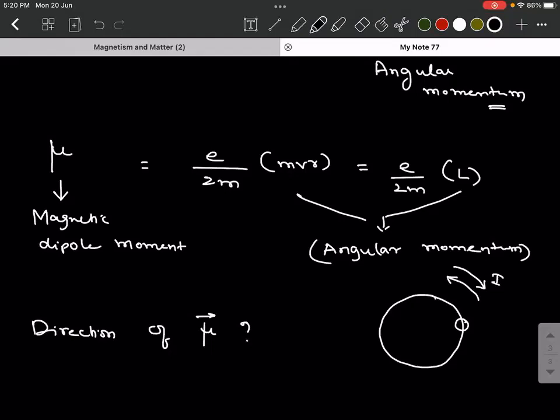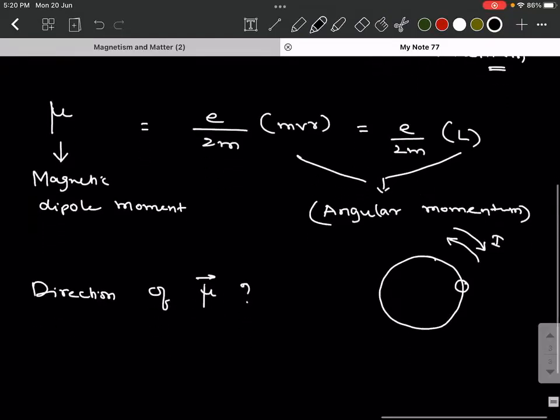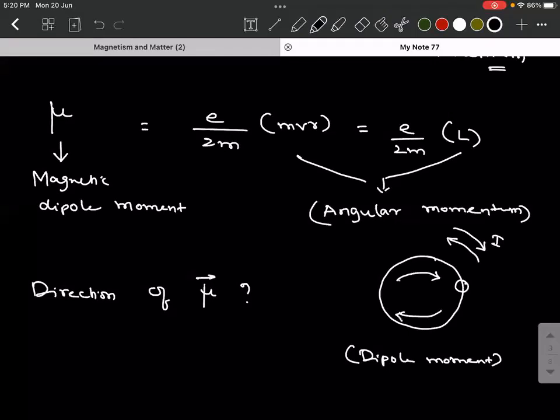When current is in the clockwise direction, what is going to be the direction of dipole moment? To calculate the direction of dipole moment, I told you when current is clockwise, you will have a south pole, right? So when it is south pole, the magnetic dipole moment is going to be into the plane of the paper. You need to curl the fingers of your right hand like this. So it will be into the plane. Is it clear?